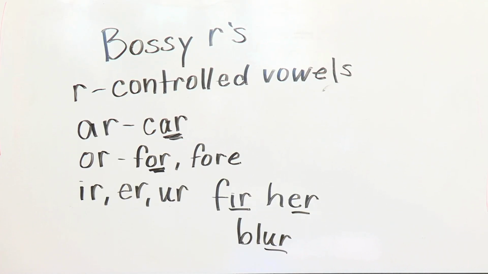This is why I'm sure you've seen young students writing, like with the word her. I've seen it spelled HIR by a lot of young learners, right? Because they sound so similar. How do students know when to use which one? It's just going to have to be sight word practice, and you're just going to have to practice with the students, and the more they see it, the more familiar they are, hopefully they'll learn, because there's not a set rule. If you notice, these are all at the end of a word. There's no set rule for knowing when to use IR, ER, UR, right? So you just have to learn.